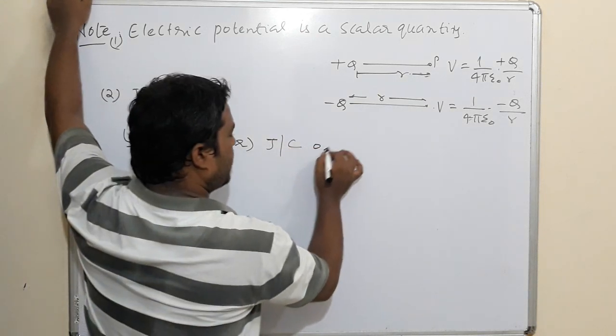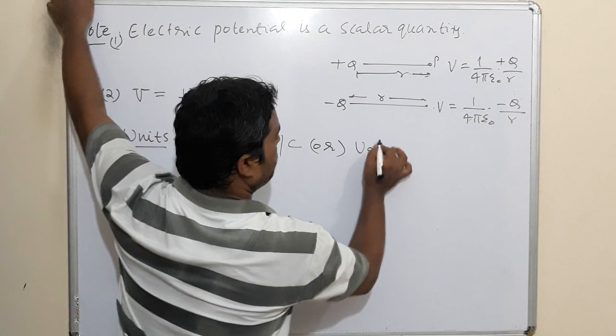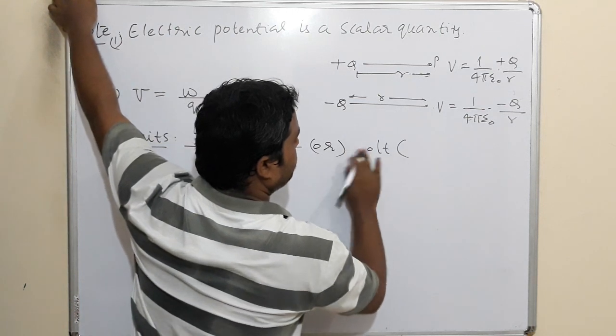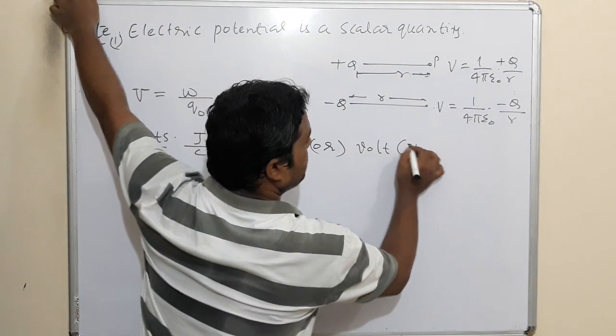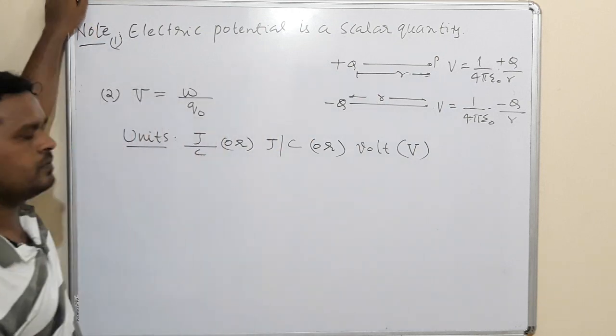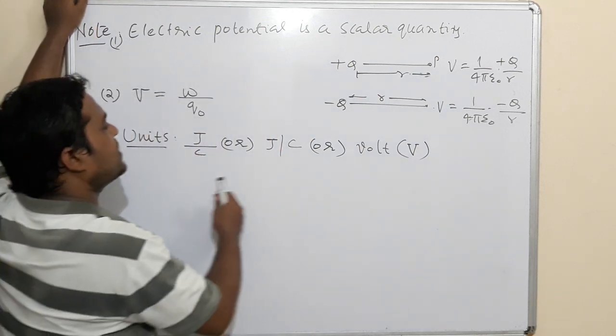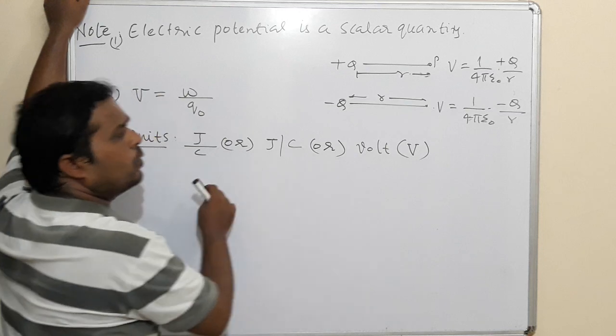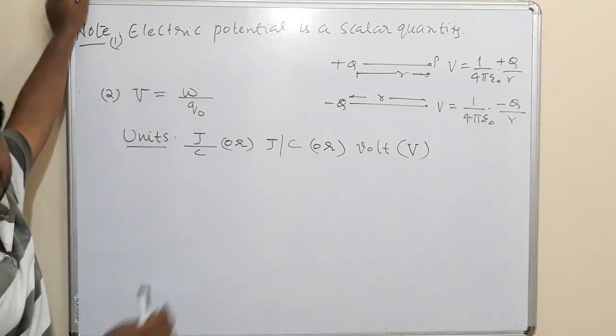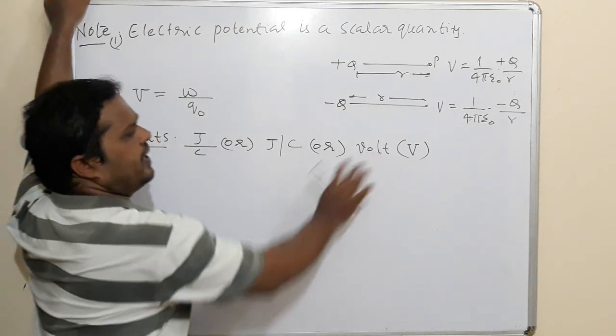It is also called volt, the symbol V. If I do 1 joule of work in moving 1 coulomb of charge against the electric field, then it can be taken as 1 volt.